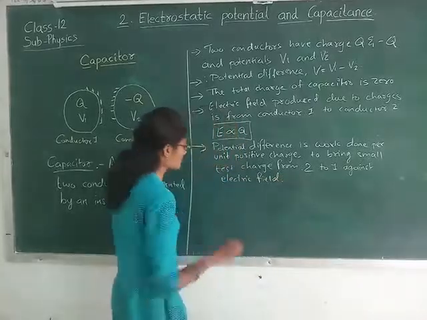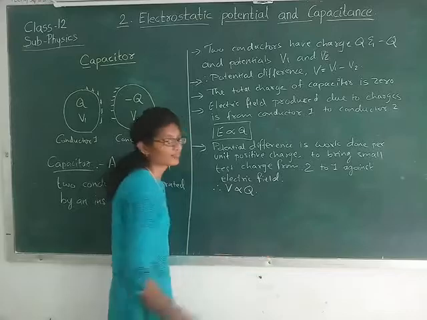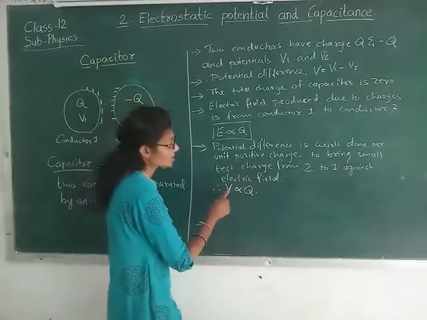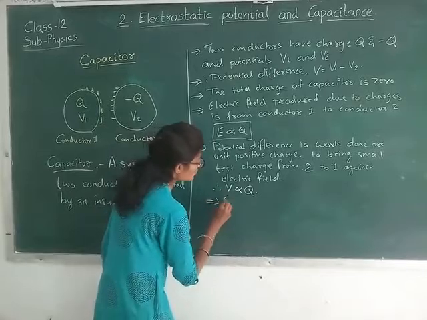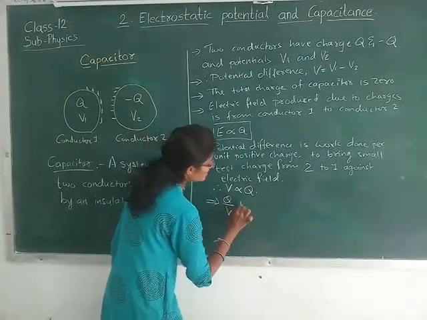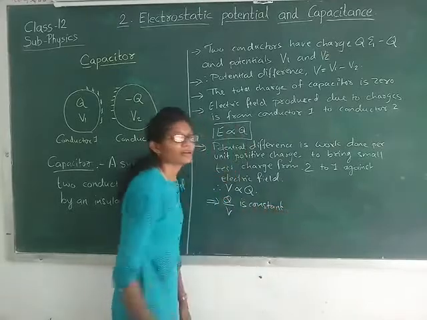So from this can we say V is proportional to Q, right? Here taking V over here in the denominator, can we say the ratio Q by V is constant, right?